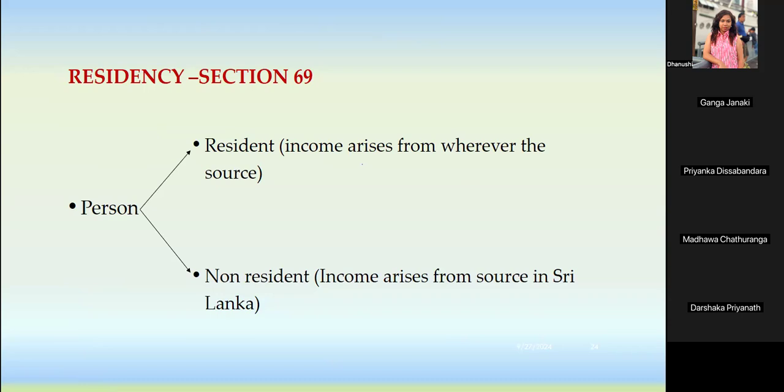So that means if they have an income from another country, that income also should be considered for the taxation within Sri Lanka. And if that person is a non-resident person, that non-resident person's income which arises from a source in Sri Lanka can be taxed in Sri Lanka. I think you can remember that part.